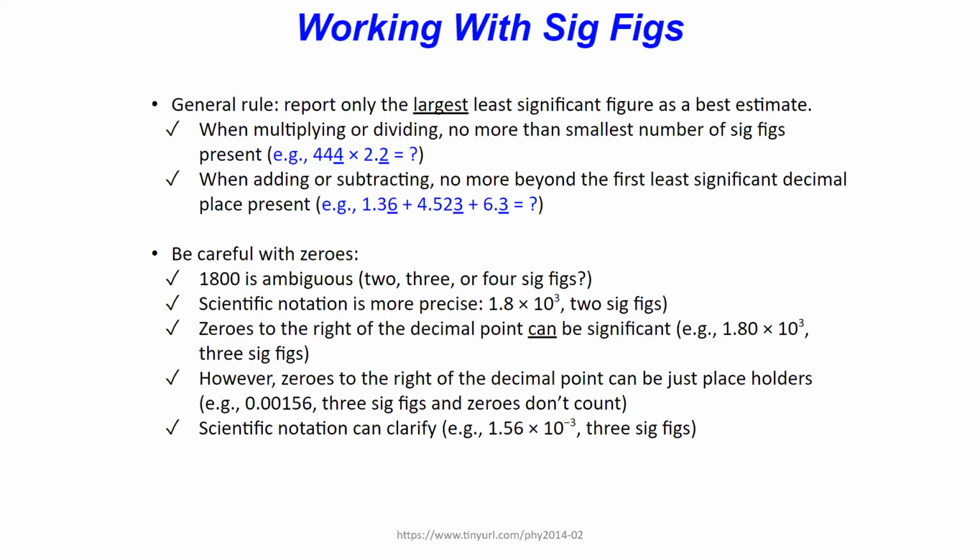If you want to be very precise, you want to use scientific notation here. If you know this is 2 sig figs, then you write 1.8 times 10 to the 3. If you want to indicate 3 sig figs, you put 1.80 times 10 to the 3. If you know this is also significant, then you put 1.800 times 10 to the 3. Use scientific notation that way.